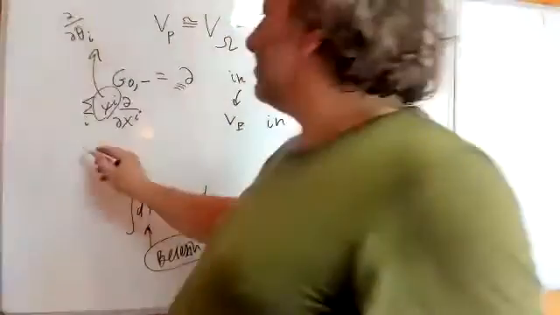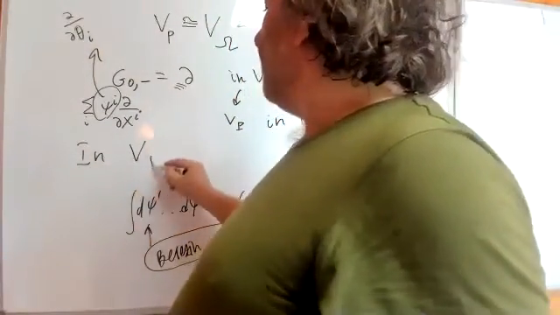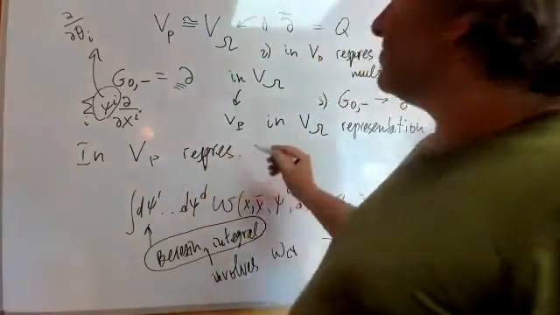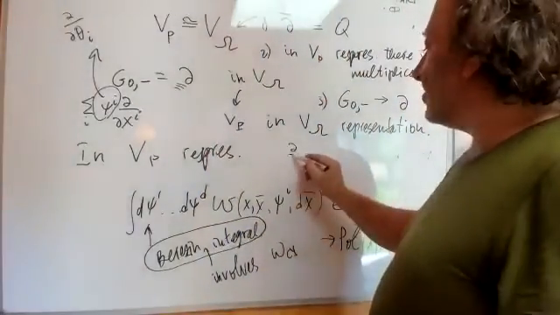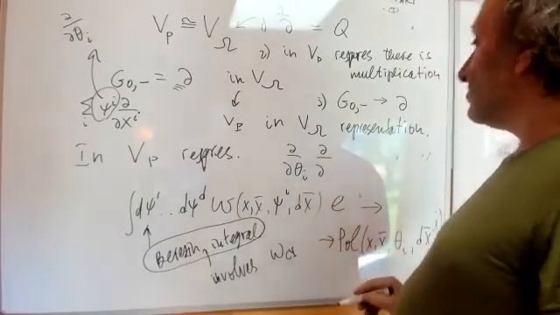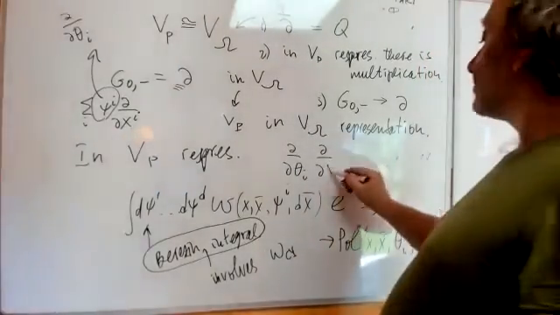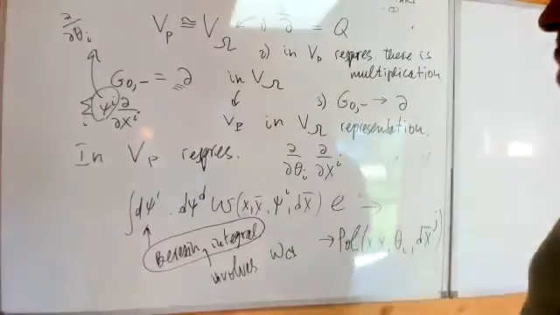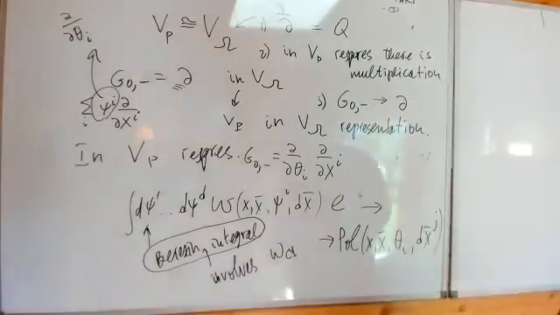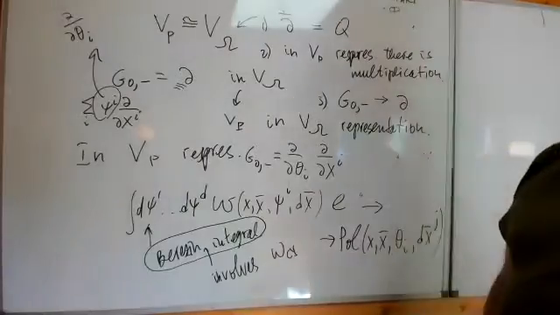That's why in VP representation, I have operator of this type. So it's a second order operator.